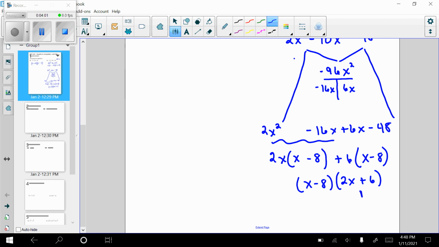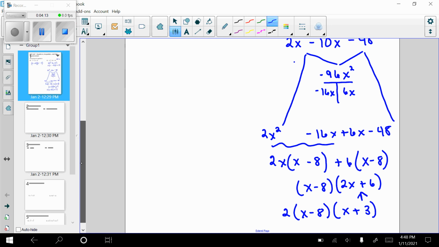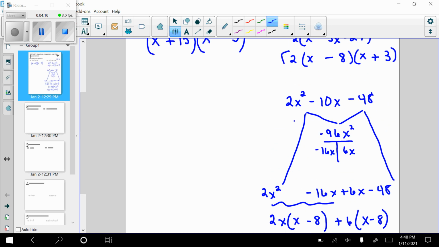But then if you look here, I have a greatest common factor of 2. So I can pull my 2 out front and end up with x plus 3, which is exactly the same thing that I came up with up here. So it was much quicker and much more efficient to pull out that greatest common factor first. So always look for that.